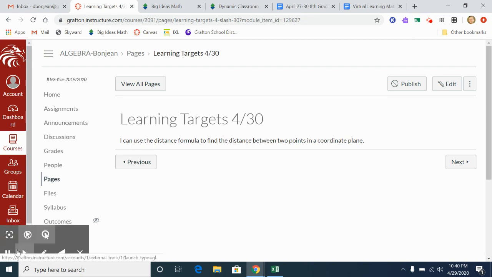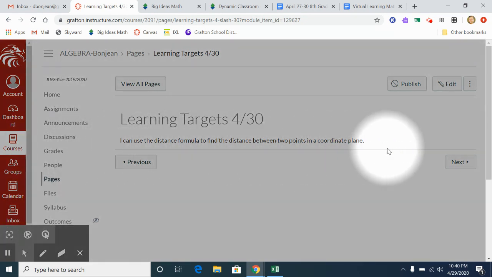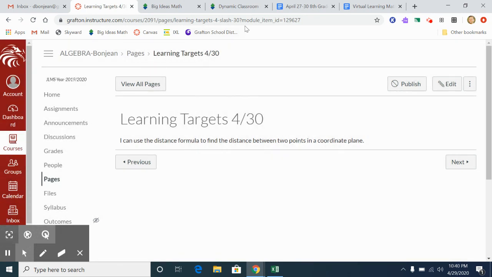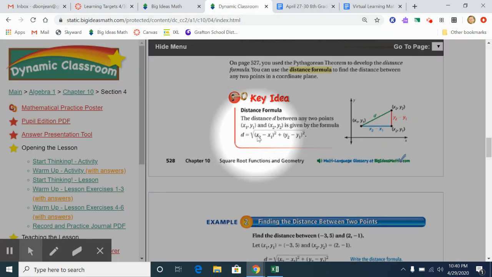As you can see, your learning target matches with that pretty well: I can use the distance formula to find the distance between 2 points in a coordinate plane. So let's get into what the formula actually looks like. Key idea: the distance d between any 2 points (x1, y1) and (x2, y2) is given by this formula.